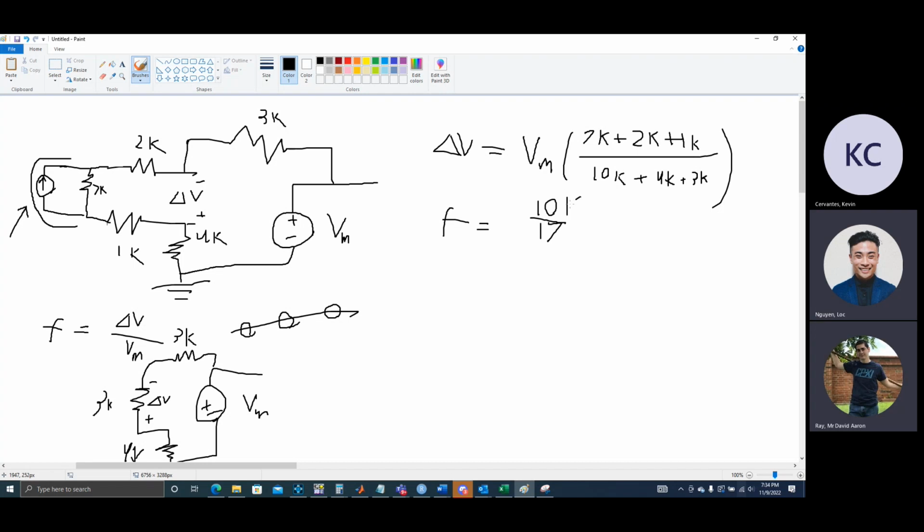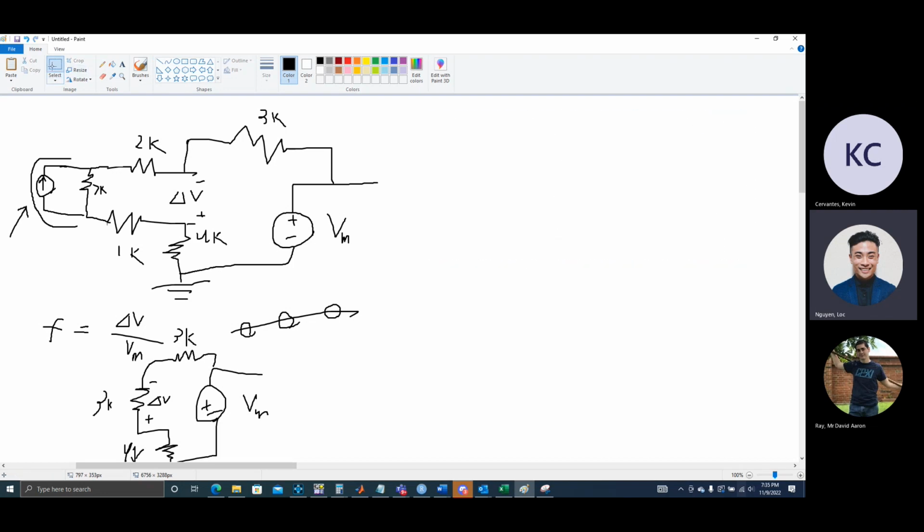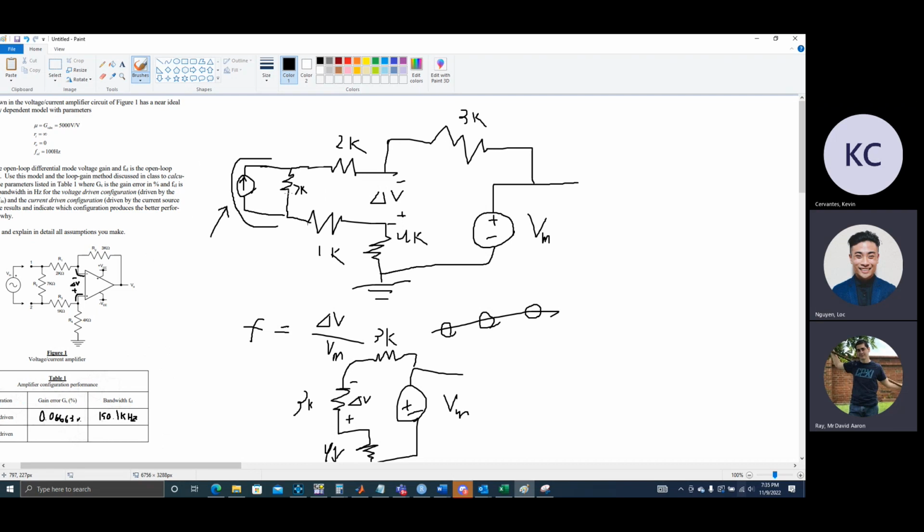Wait, could you explain real quick how you derive that? Yep, I can. Absolutely. Like, is it because it's changing directions then? Focusing on this one, it's the same circuit, except this is now open.